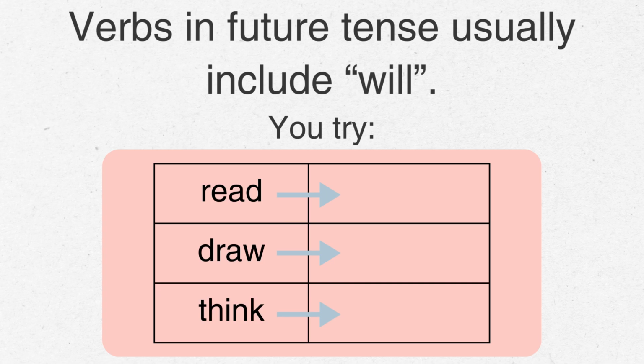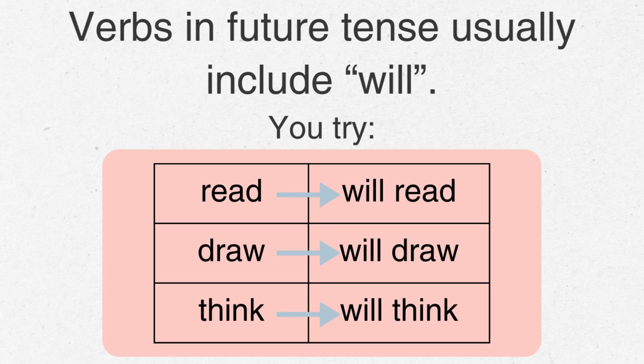Read, draw, think. If these are in the future, what would the verb be? Pause the video and think about it. All right, the future tense of read is will read. The future tense of draw is will draw. The future tense of think is will think.